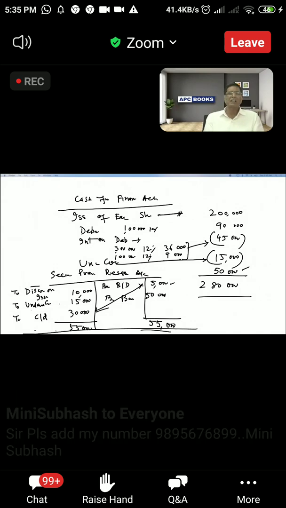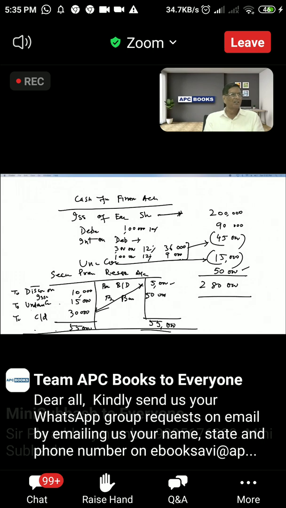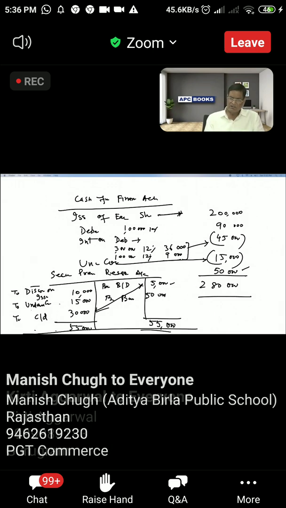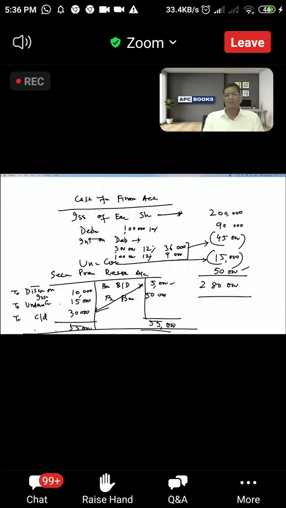We have to raise the difficulty level a little. We have to prepare our students for CUET examination, entrance examination also, in which these type of questions are given. Actually, all our books of accountancy class 12 are oriented towards CUET examination.